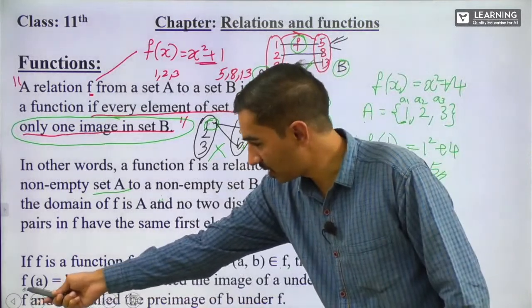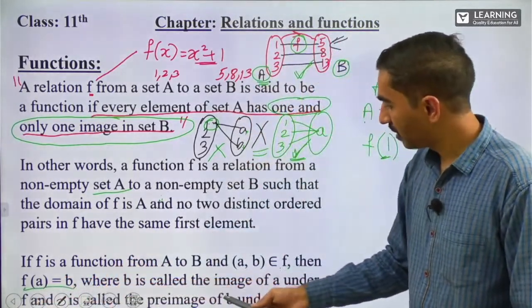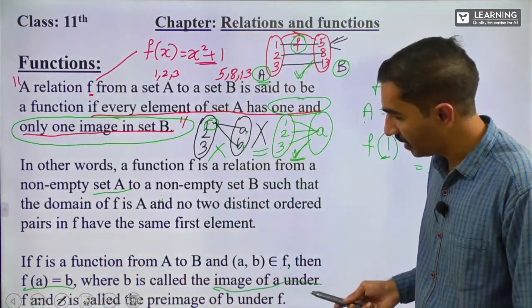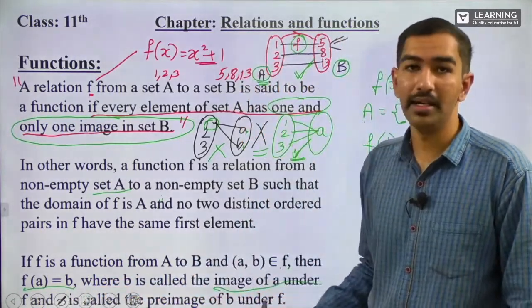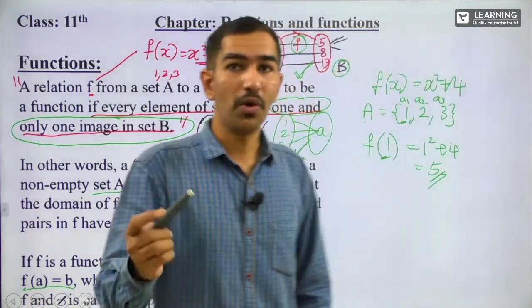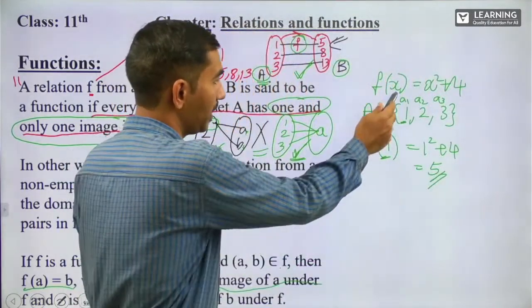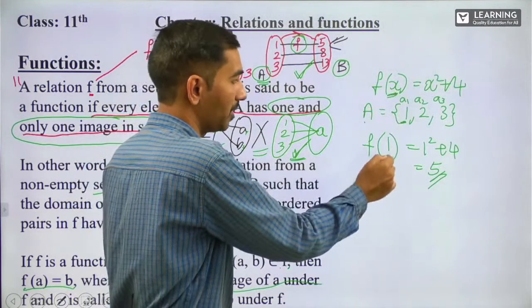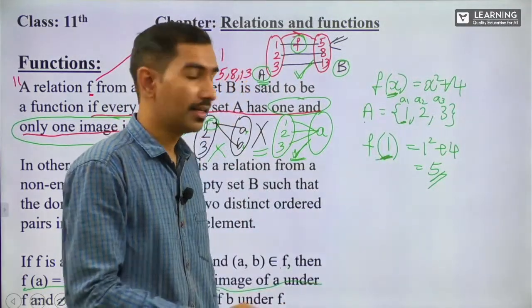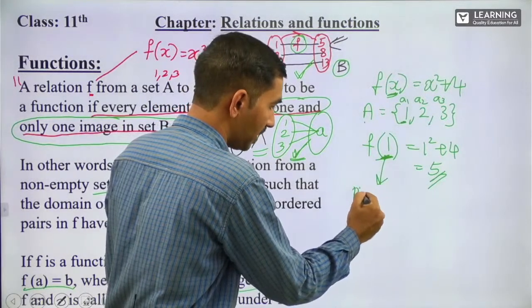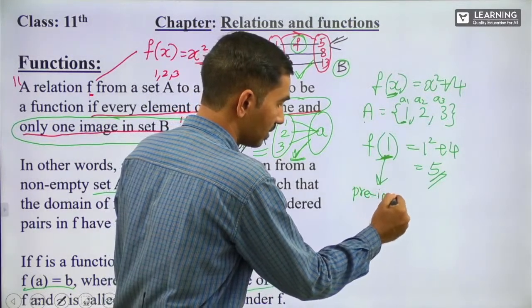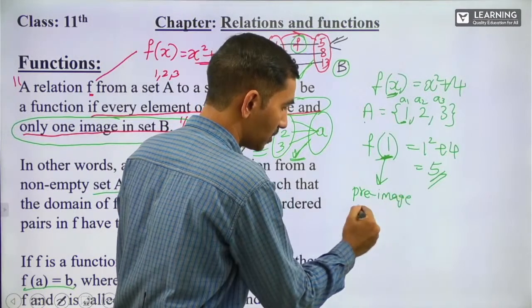So f of a is equal to b, where b is called the image of a under the function, and a is called the pre-image of b under f. Means, what we got here: if you put in the place of x, what is the value we are inputting? We are inputting 1, correct? So this 1 is called as what? This 1 is called as pre-image. Pre-image of what, students?